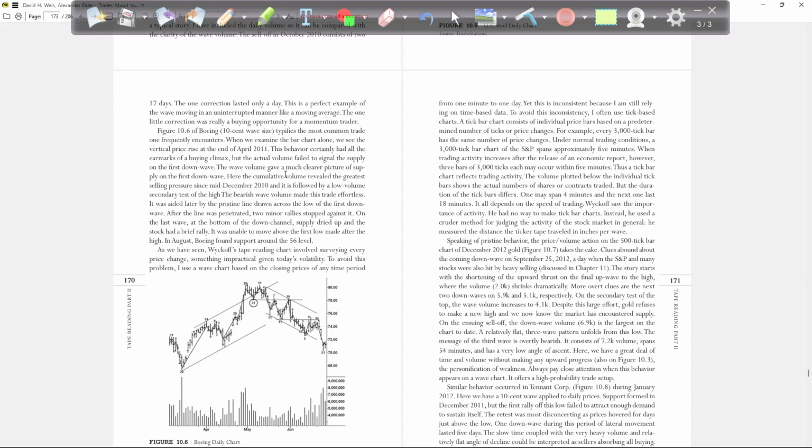The wave volume gave a much clearer picture of supply on the first down wave. Here the cumulative volume revealed the greatest selling pressure since mid-December 2010, and it is followed by a low volume secondary test of the high. The bearish wave volume made this trade effortless.